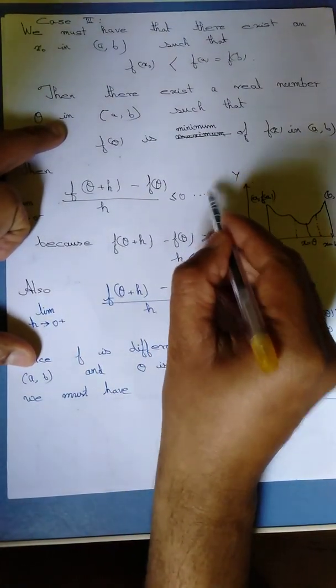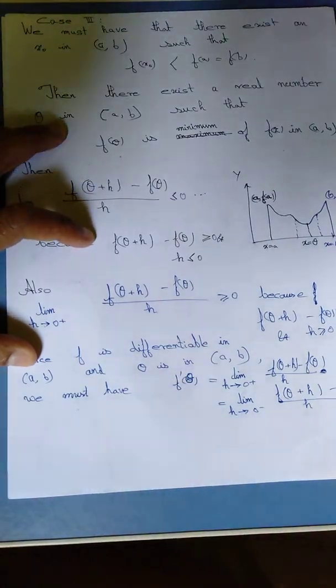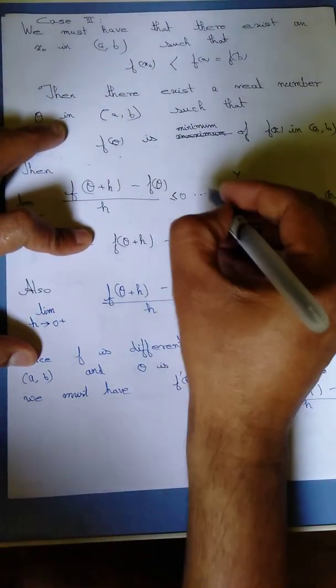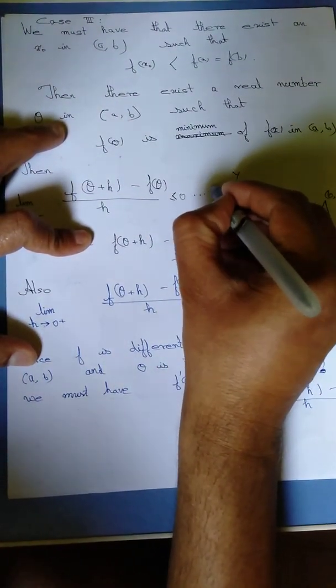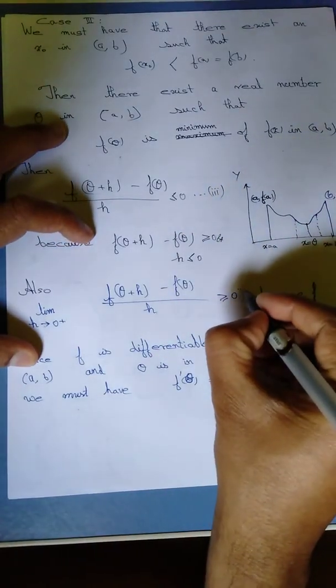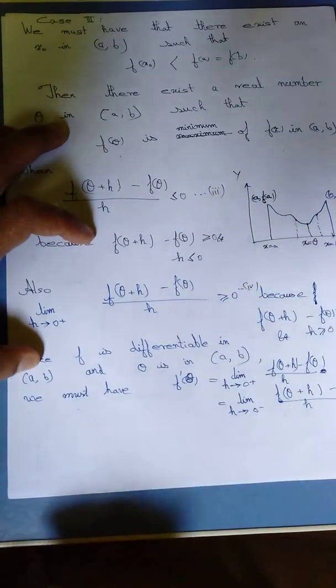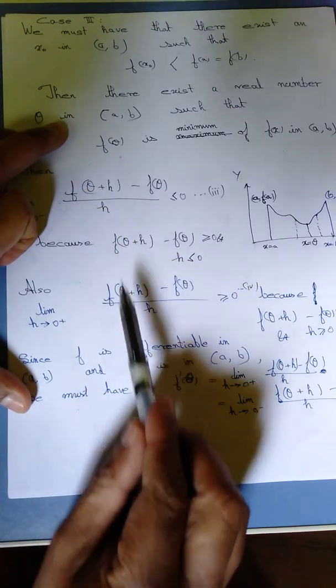Therefore, by inequality, we have already used inequality 1 and 2. Let's write it as inequality 3 here and inequality 4. Those two limits have to be equal.